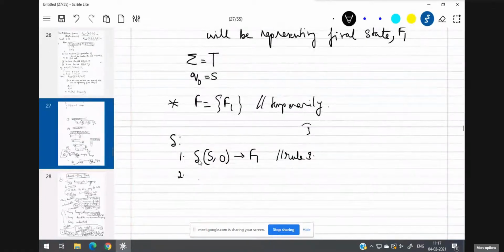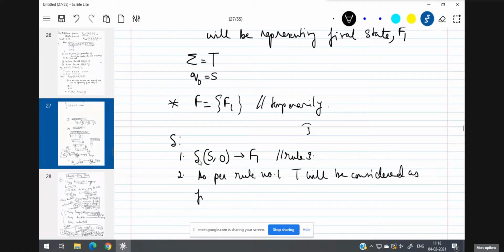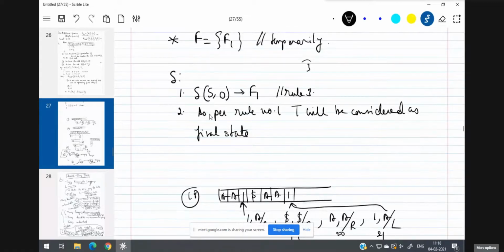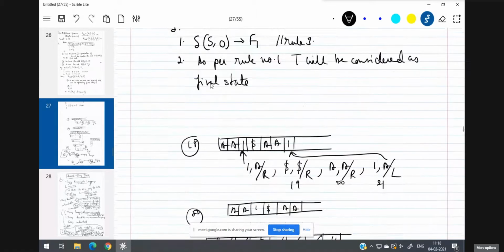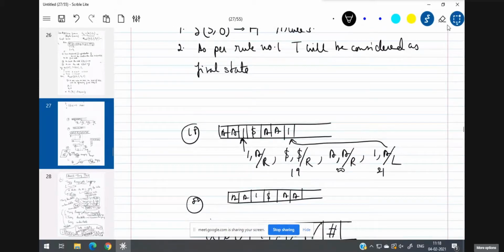So, as per rule number 1, T will be considered a final state. I have already told you this is temporary, because one new final state is being introduced here, so this has to be updated. That's why I said it was temporary.